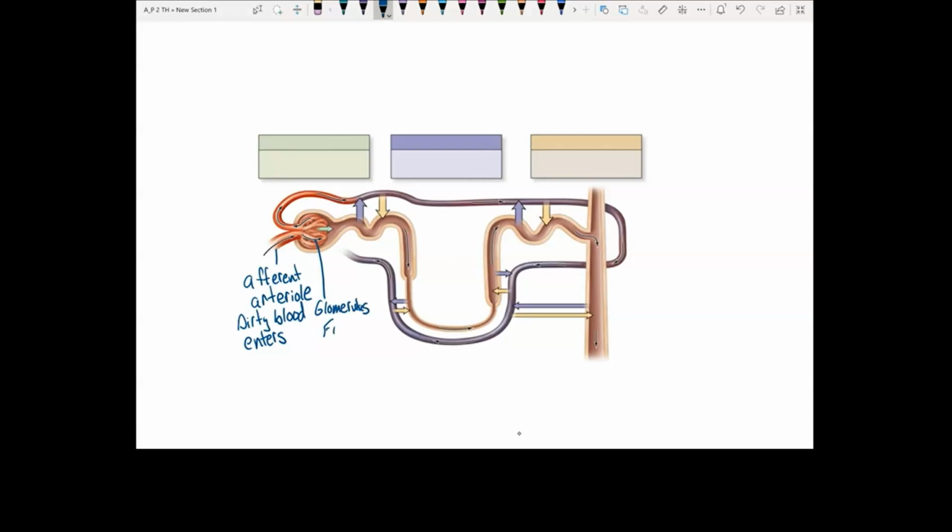This is where you do filtration. So small molecules are pushed out. Remember, in filtration, you're just going by size, not by what's good or bad. Then here is the efferent arteriole. This is the blood after filtration.